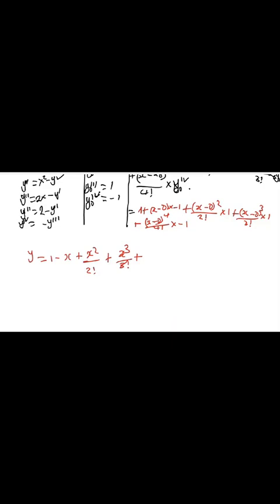The last one is negative, because of the negative sign that we have. So this will give us negative x power 4 divided by 4 factorial.